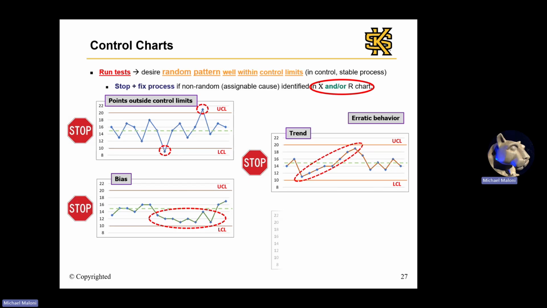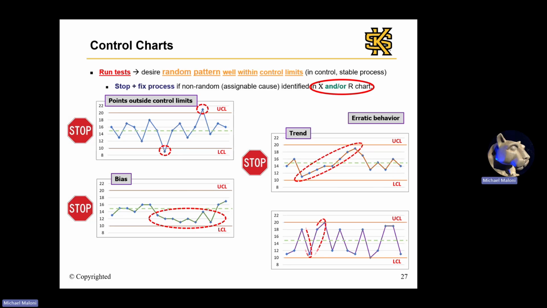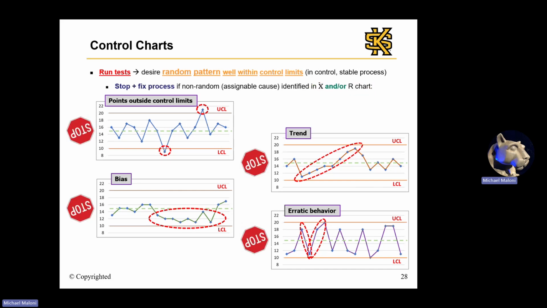And then finally, erratic behavior, where we have these significant swings from side to side. That would also be non-random. Any non-random issues on the X bar chart and/or the R chart, we stop and fix the process.